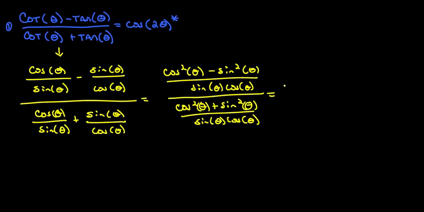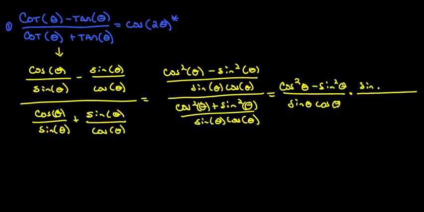So it's going to look like this: cosine squared minus sine squared over sine times cosine. And then I'm going to have sine cosine on the top, and this is going to be on the bottom. So it's going to be cosine squared plus sine squared, like that.